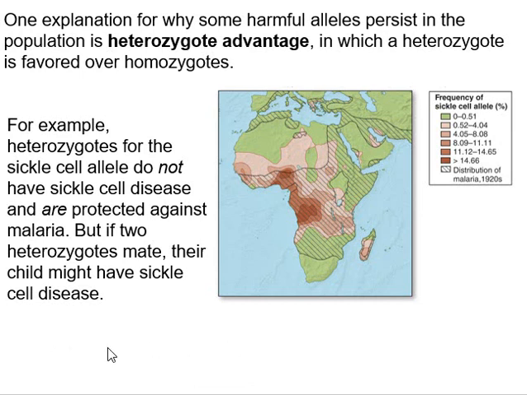But if you just carry one of the sickle cell alleles, but the other one's normal, you have a natural resistance to African sleeping sickness. You can tell I'm getting tired here, so sorry about that. And so that's the heterozygote advantage.